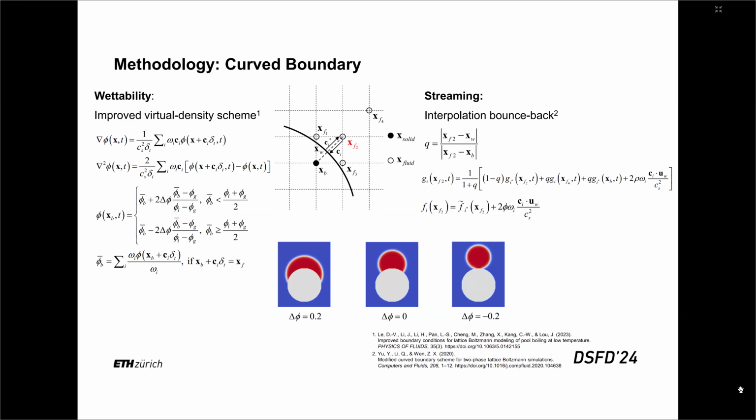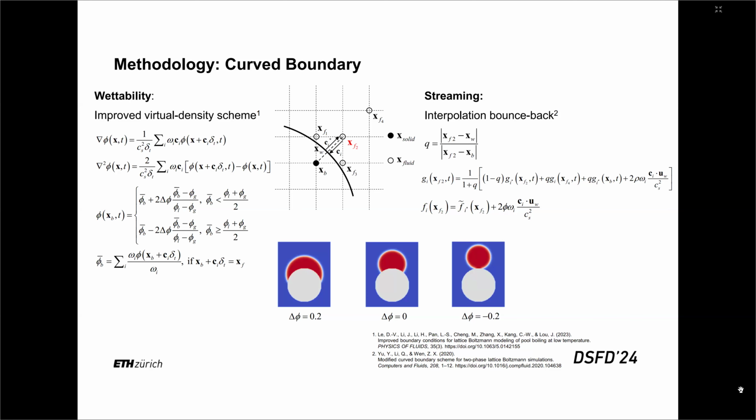For the streaming step, when the curved boundary is considered, the distance ratio between fluid nodes and solid nodes can't be kept at 0.5.